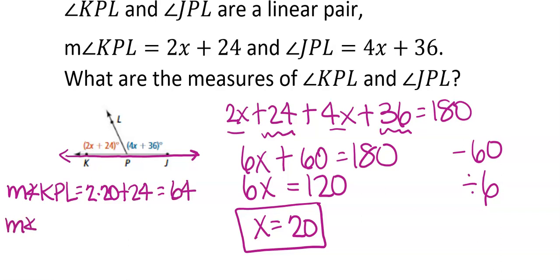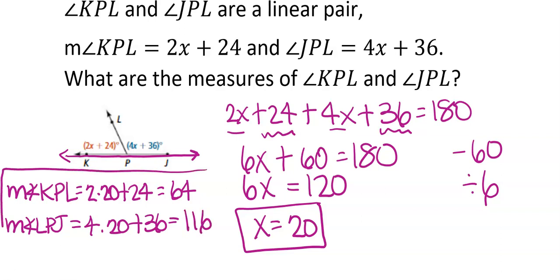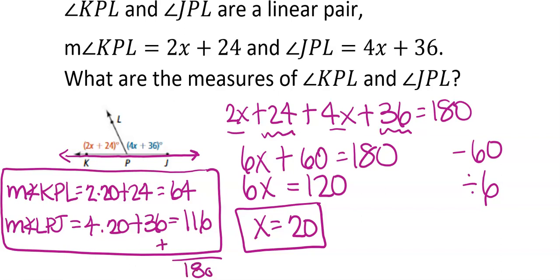The measure of angle LPJ, or JPL, would be 4 times 20 plus 36. So that would be 80 plus 36, or 116. And remember that those two together should add up to 180. 64 plus 116 does equal 180. So we have done that one correctly.